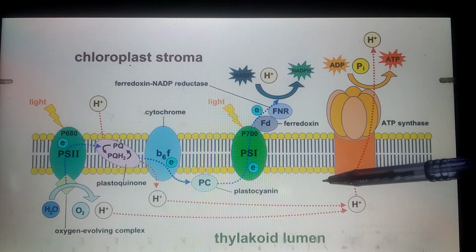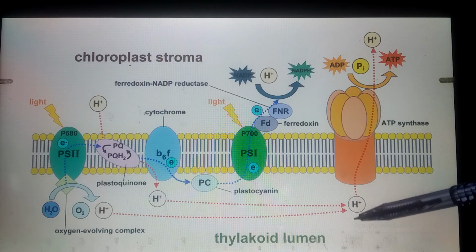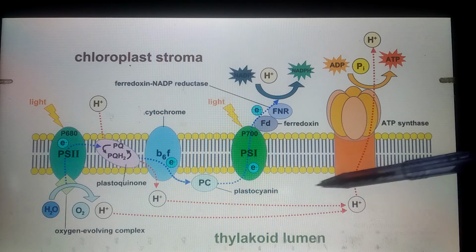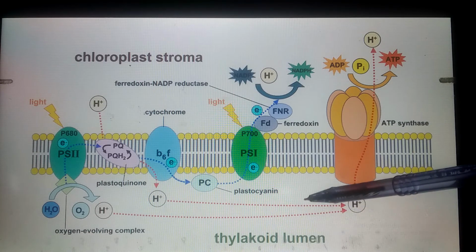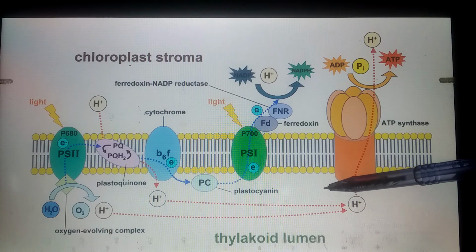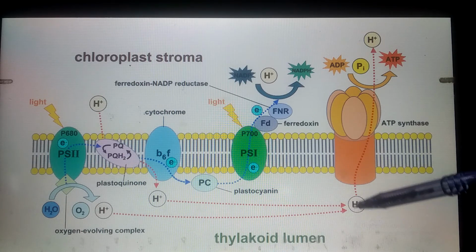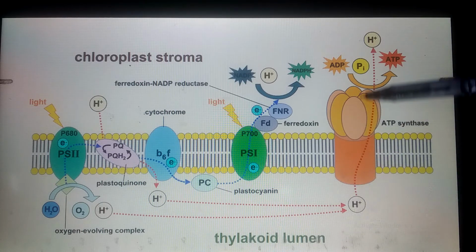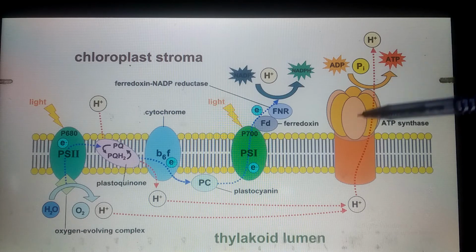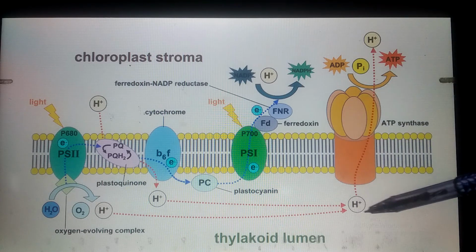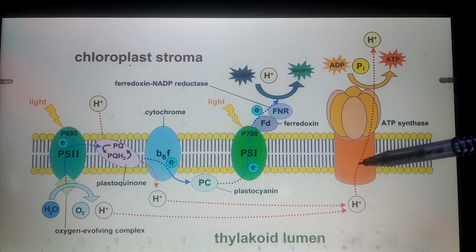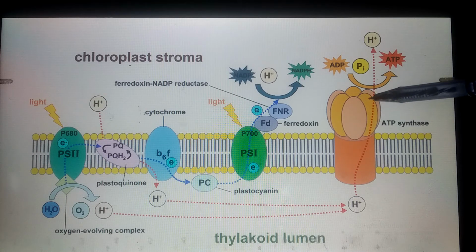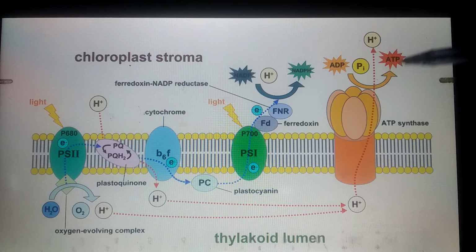You can see here the protons move from the higher concentration, because inside the lumen a number of protons are produced, like 4 protons at each step. Now these protons move from the lumen to the stroma through this ATPase, and at that time energy is released, and that energy is used in the formation of ATP. Is the concept clear about that?